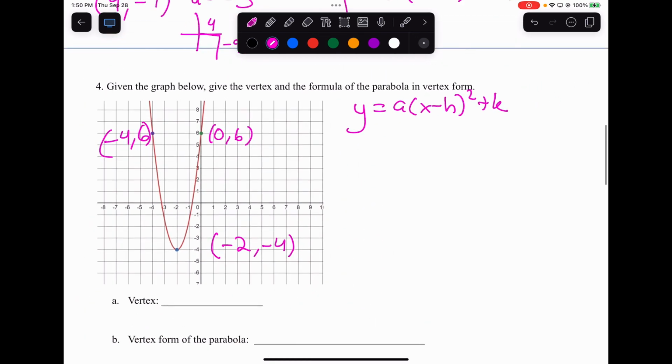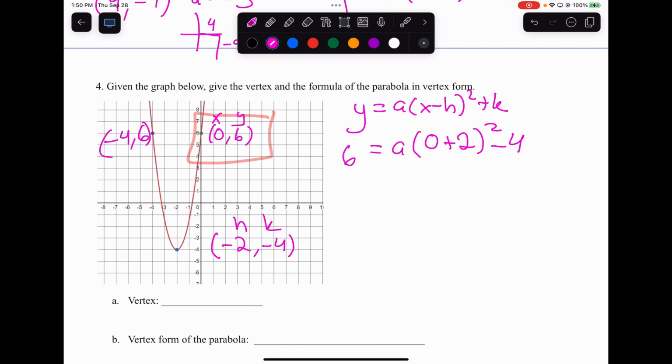I'll use the (0, 6). So this is going to be my x, y, and this is going to be my h, k. Let's plug them in. My y is 6, my x is 0, my h is -2, so when I do minus a negative, it becomes a positive, and my k value is -4.